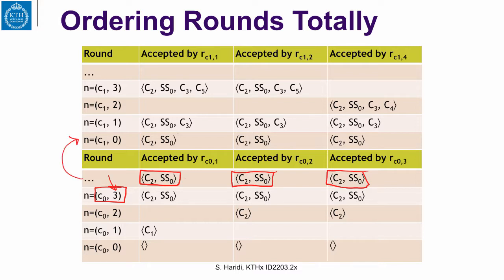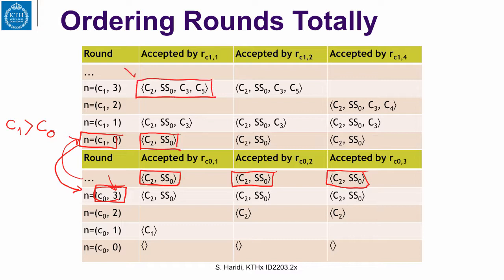The final sequence is the initial sequence, but this round number is higher than this round number because Ci is higher than C0. And as we can see, everything works as if we are just doing one ballot array. And as usual, a sequence is chosen if there is a majority supporting that sequence and it is in a higher round number than previously chosen sequences.